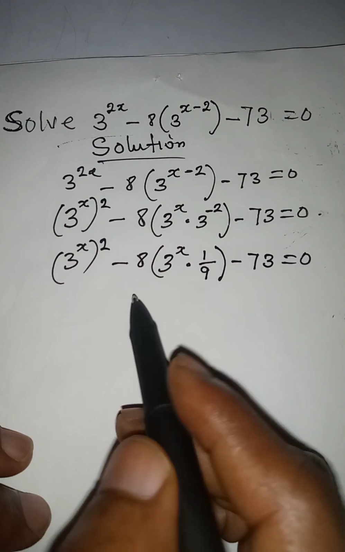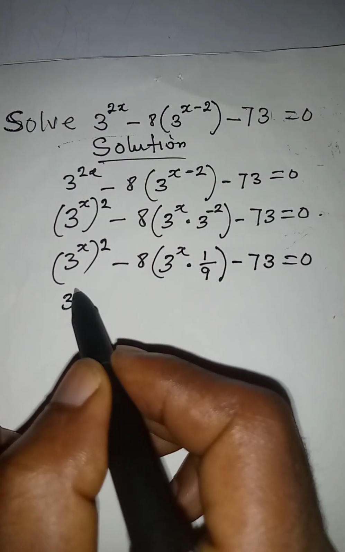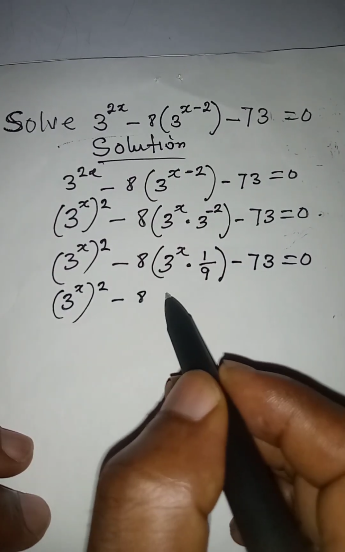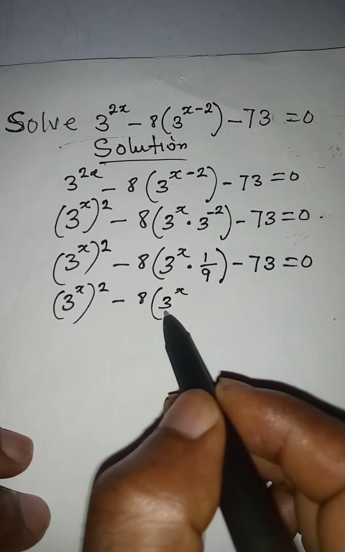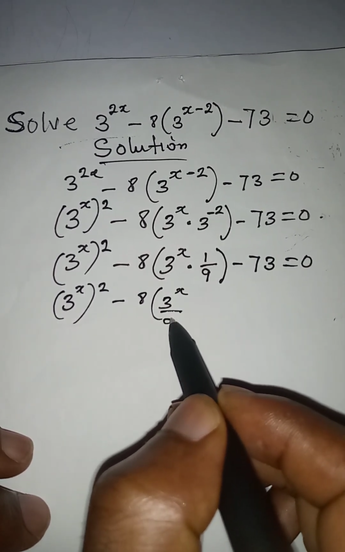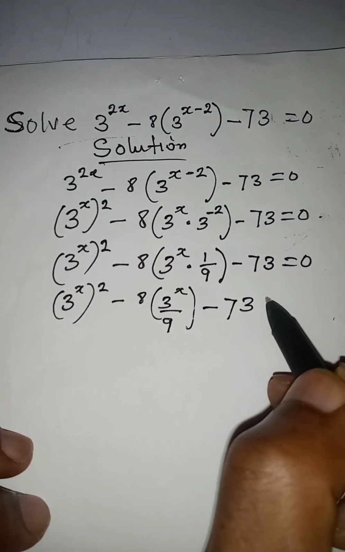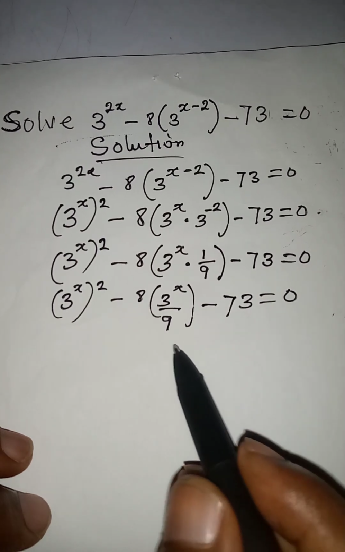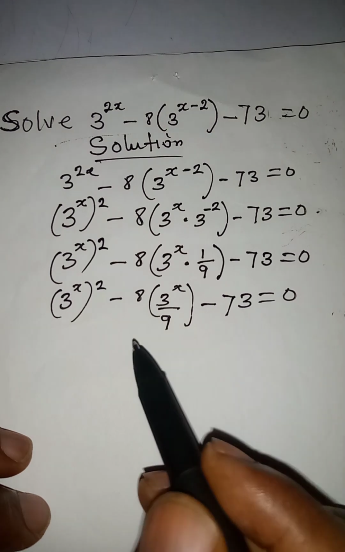From here, I will take another step to have something like this: 3 to the power of x squared minus 8 into bracket 3 to the power of x, then everything is over 9, minus 73 is equal to 0. So from here, I can multiply everything by 9 because it is the LCM.